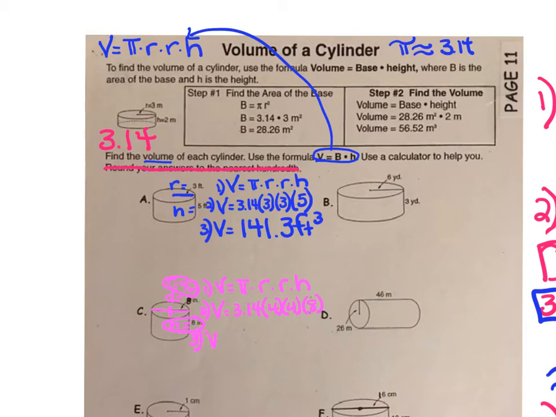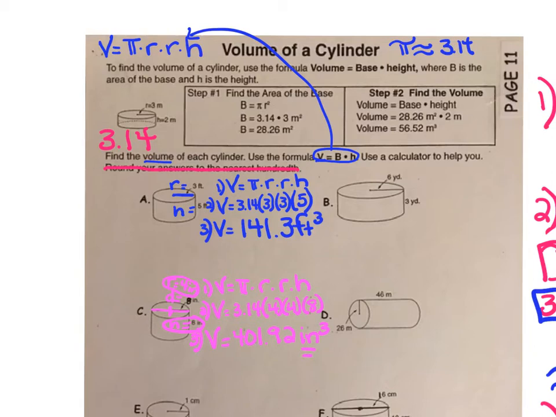Now take a moment and pause your video. Calculate the volume of this particular cylinder. When you're ready, turn your video back on and compare answers. Please pause your video. Compare your answer with the given answer. Make sure you label in cubic inches.